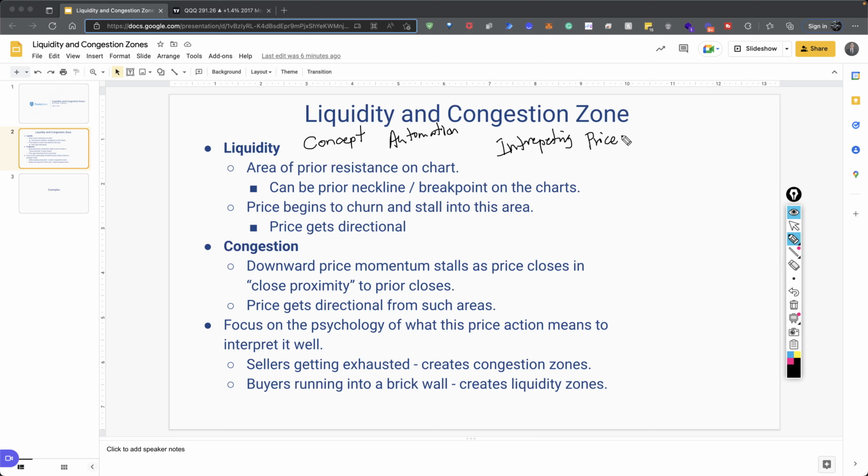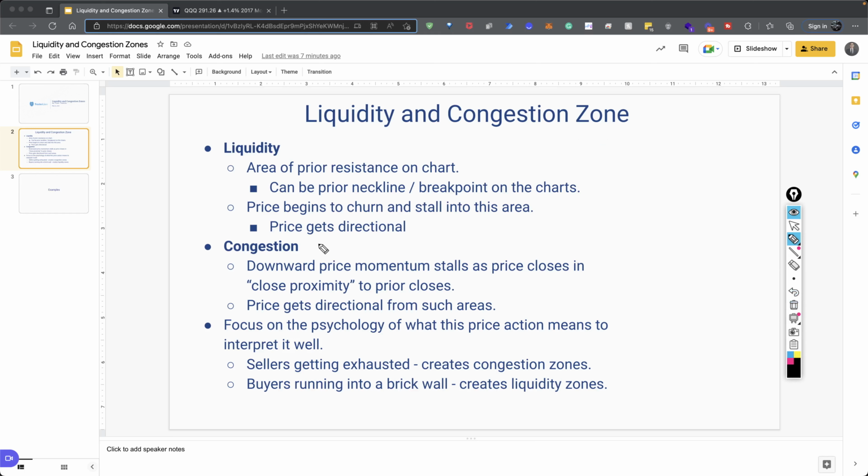You want to interpret price the right way, focusing on the psychology of the market: why is it happening, what's causing it, and how market participants are acting psychologically to create these zones. So again, I don't want you to turn this into indicators.